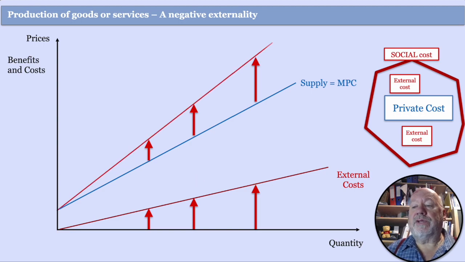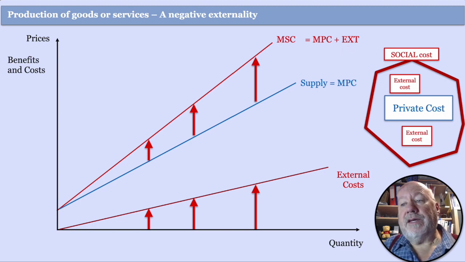That would give us here what we call our marginal social cost curve, which is the private costs plus the external costs. So that's what you've got to be thinking about when you draw the production side and the negative externality. It's an addition to your cost, it's a negative thing, it's adding to the private costs of production.